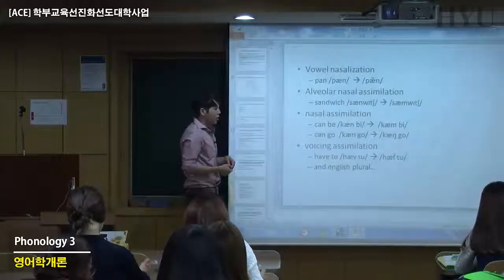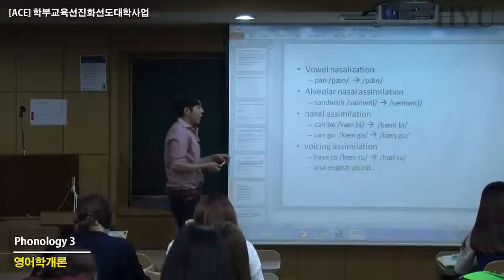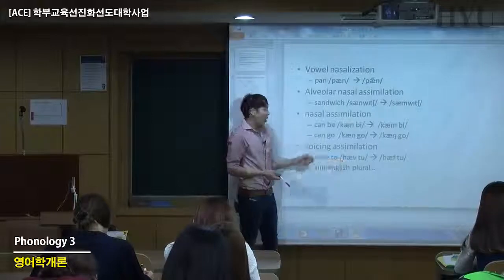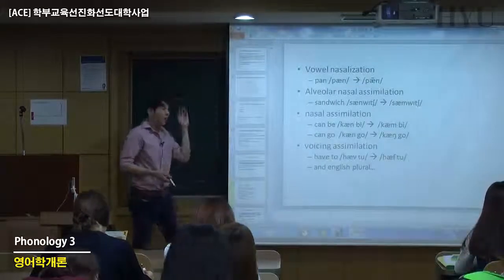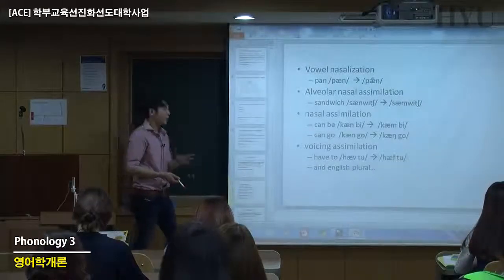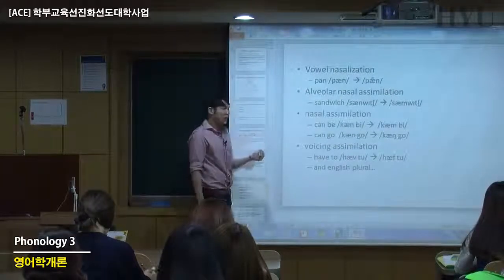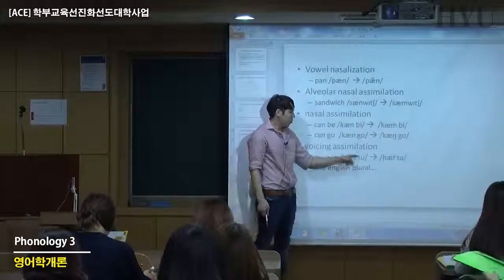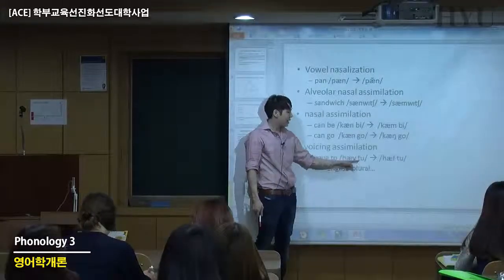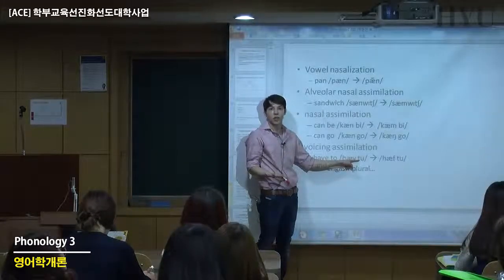And the last one, voicing assimilation. In the phrase have to, when we pronounce the words separately and carefully, we say have to, like that, right? But in fast speech, you will pronounce the word to anyway. T is a voiceless sound, okay?